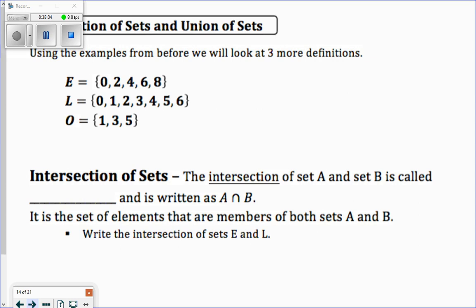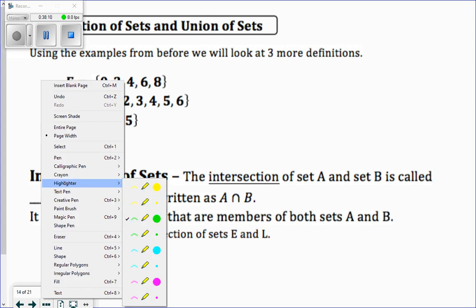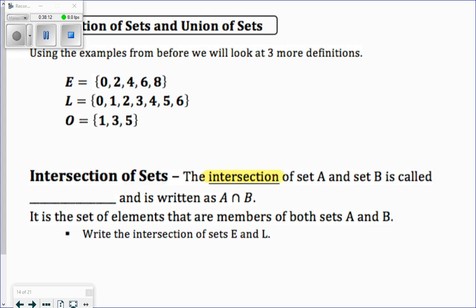So these symbols are given on your formula sheet. Intersection is shown with that symbol. It's like an upside down U. Okay. When you see the word intersection, I want you to think of overlap, or in other words, both.